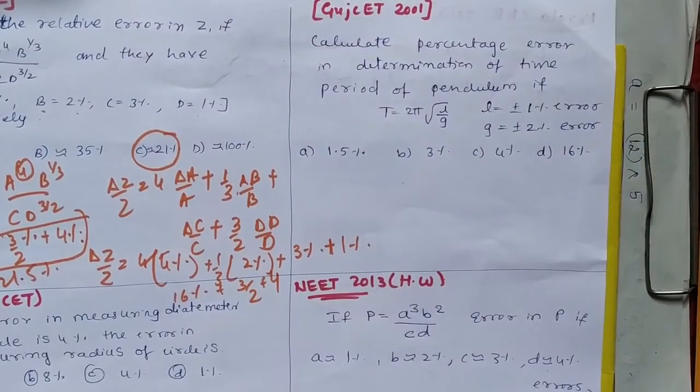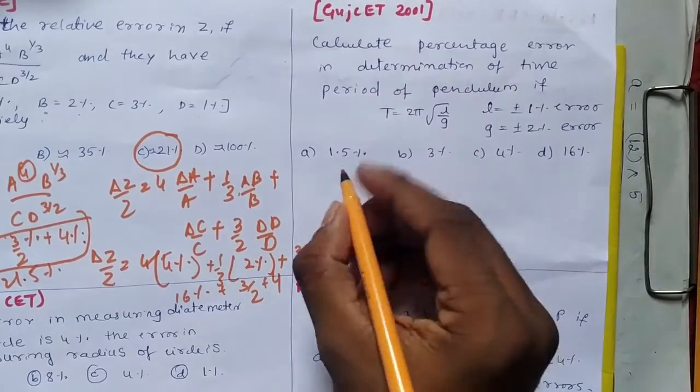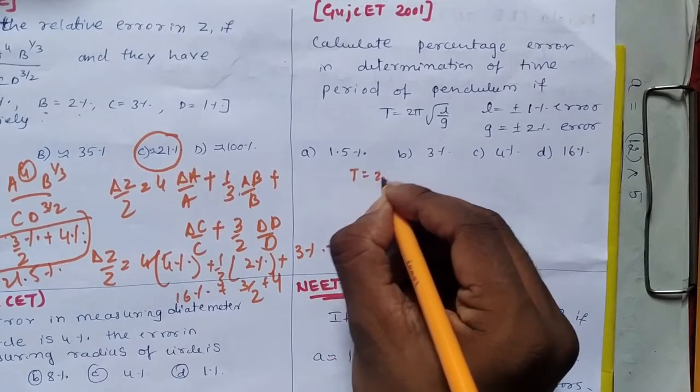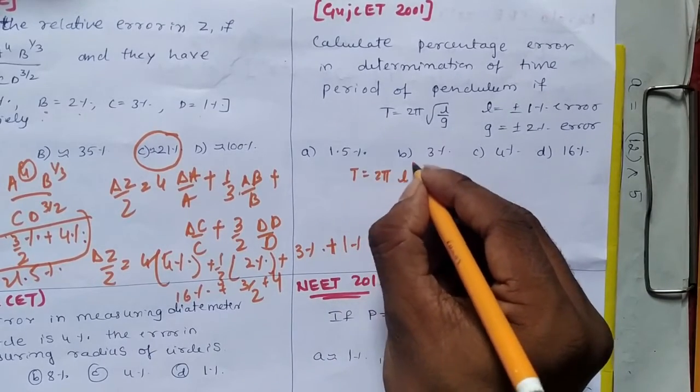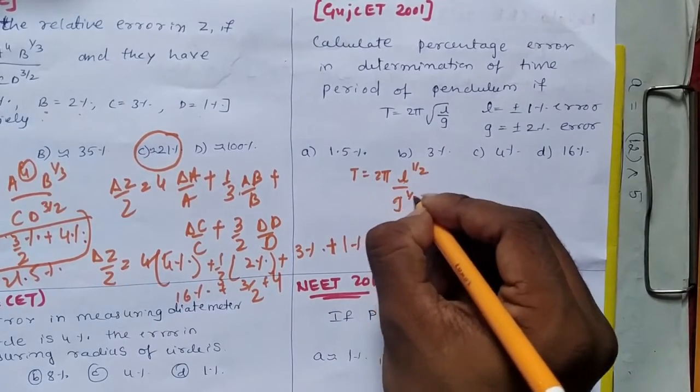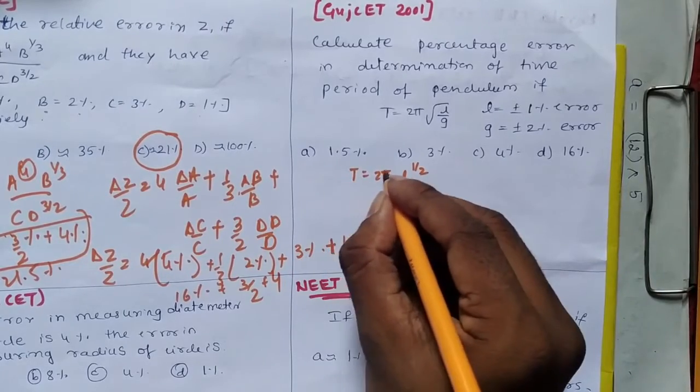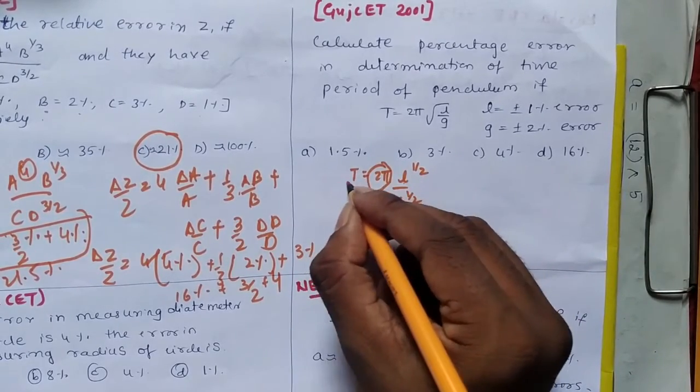Here we have one more problem. T is equal to 2 pi root of L by G, that is L raised to 1 by 2, G raised to 1 by 2. L and G errors are given. 2 pi is constant, I cannot write error for that.